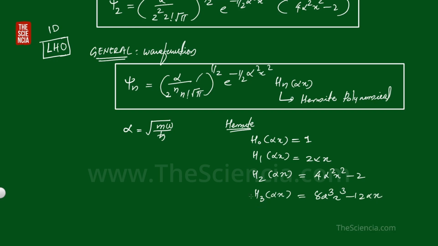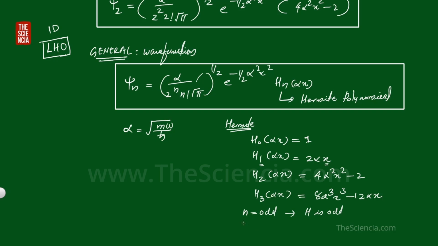For this Hermite polynomial, you can see if n is odd, then the Hermite polynomial H is odd. Right, that is if n is 1, then there is only x, that is an odd function.